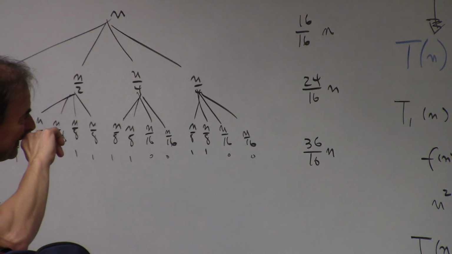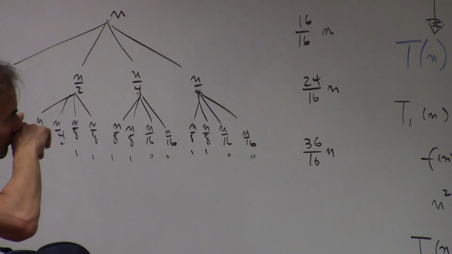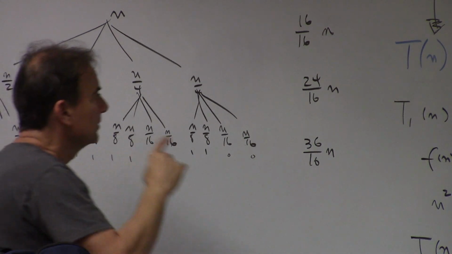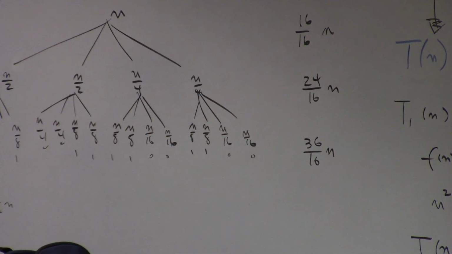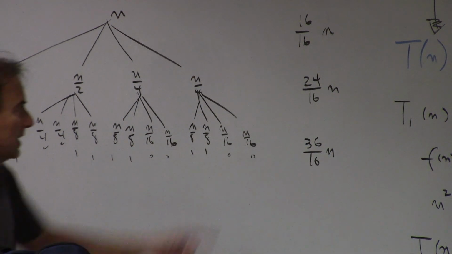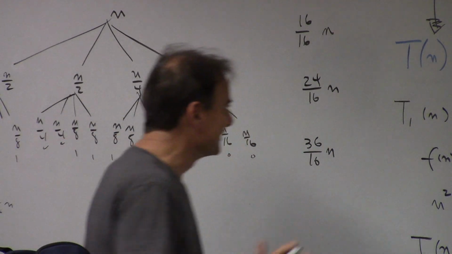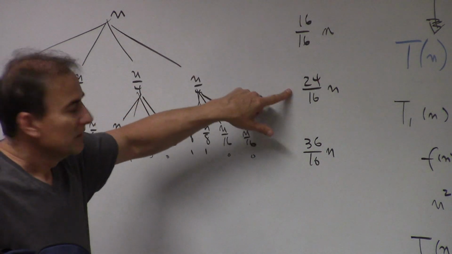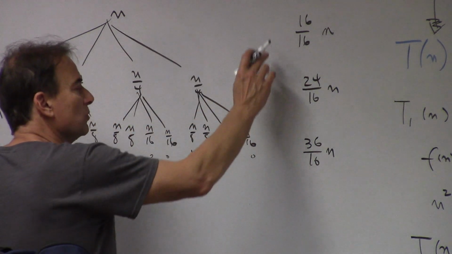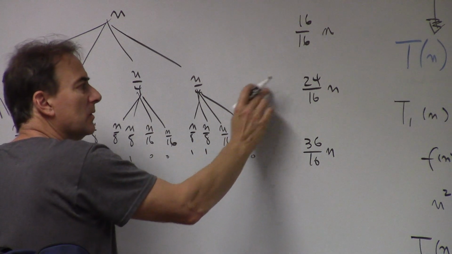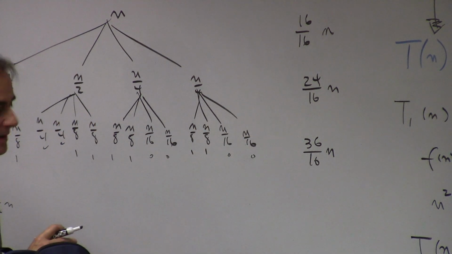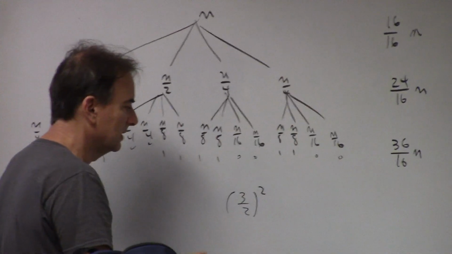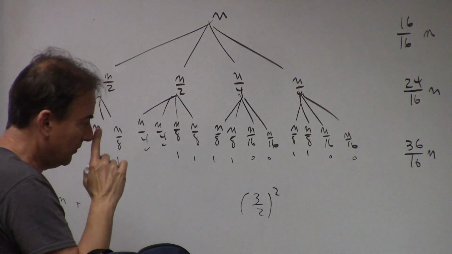So basically, let's rewrite this. Good job seeing that. Yeah, I was a split second behind you. So what we have is, again, this was 1n. This is 3 halves n, and then 3 halves squared is going to be what? 9/4.